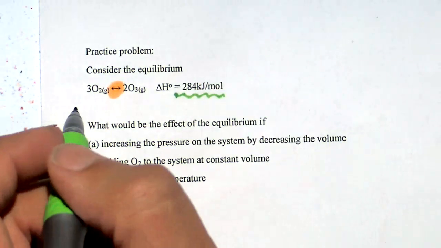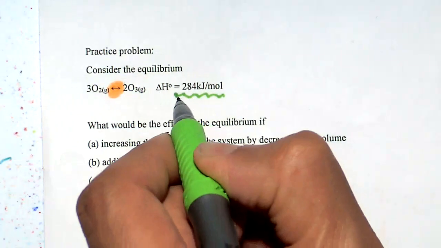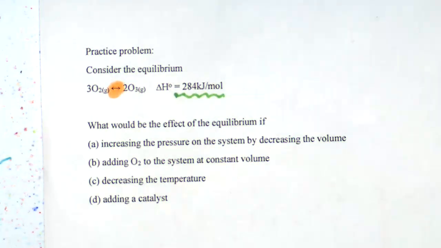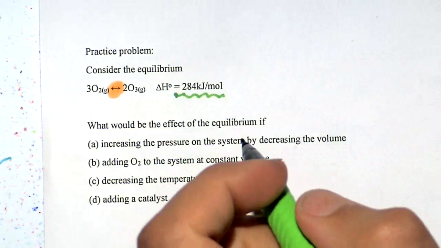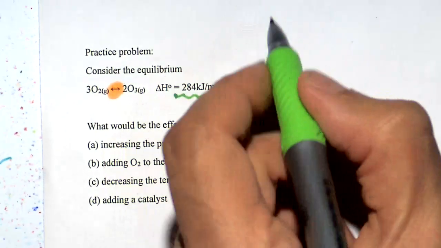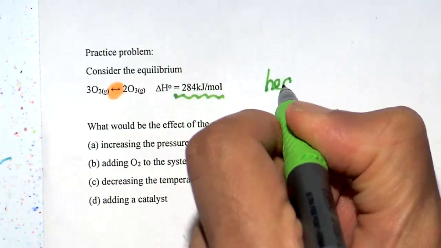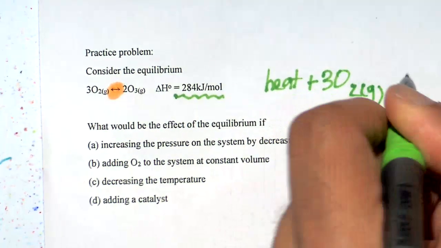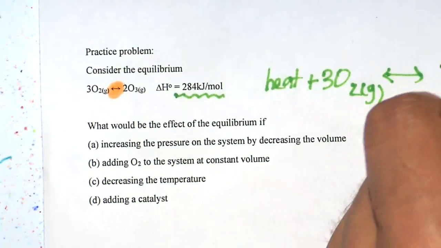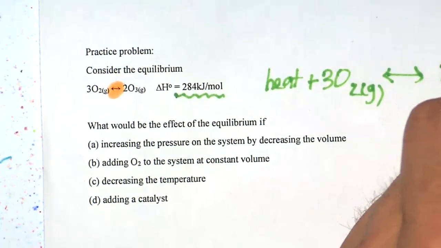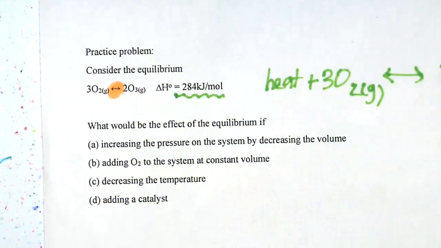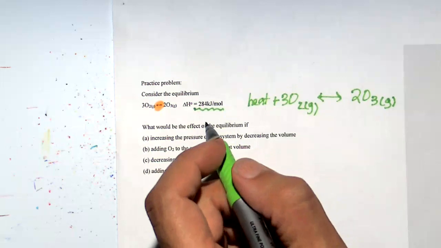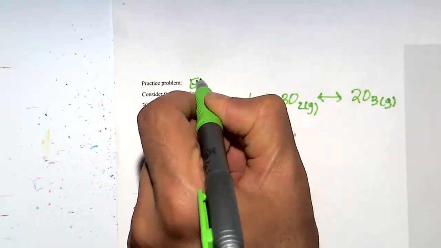Endothermic. So does this reaction, based on this value, give off heat or take in heat? It requires heat, correct. So I'm going to amend this reaction by saying heat plus 3O2 gas is at an equilibrium with 2O3 gas, by virtue of this being an endothermic reaction.